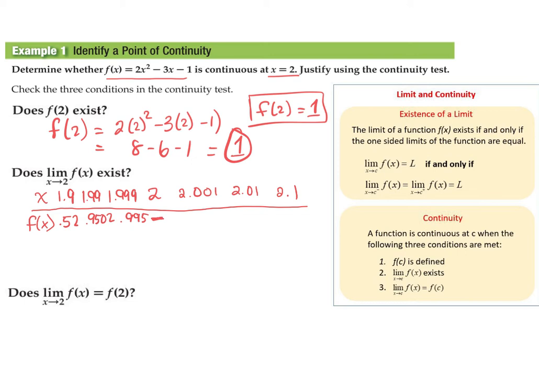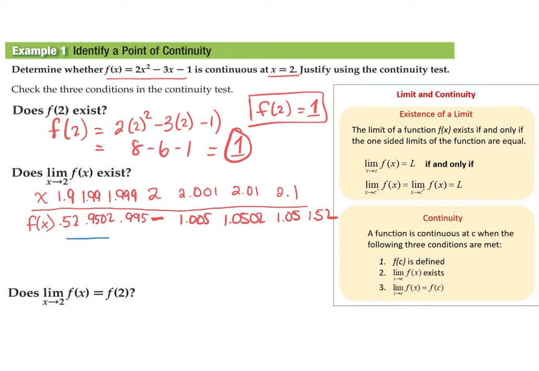And then 1.005, 1.0502, and 1.52. So then you're going to expect this table from the left and to the right.